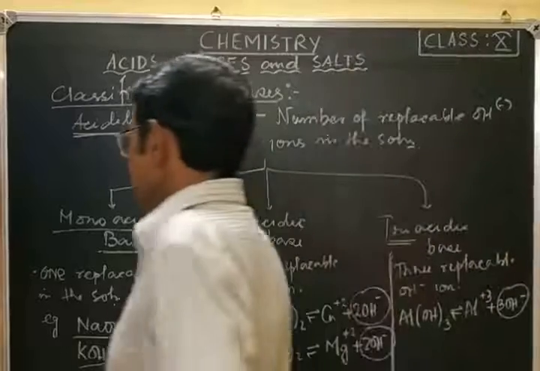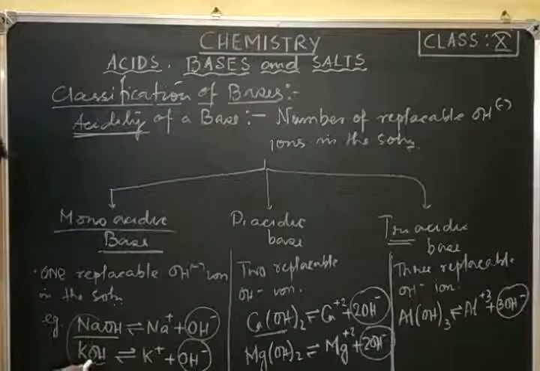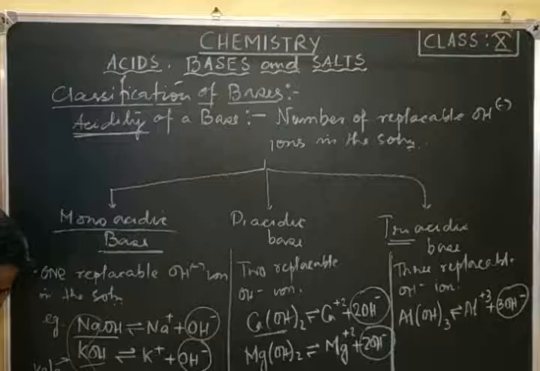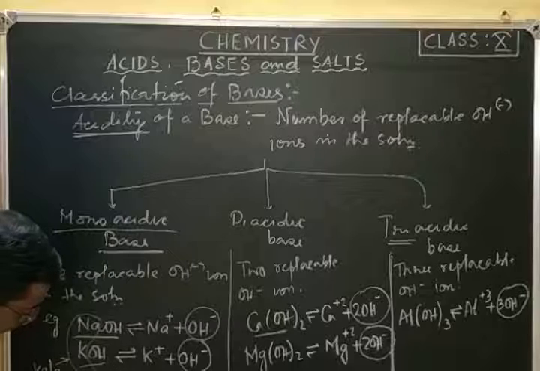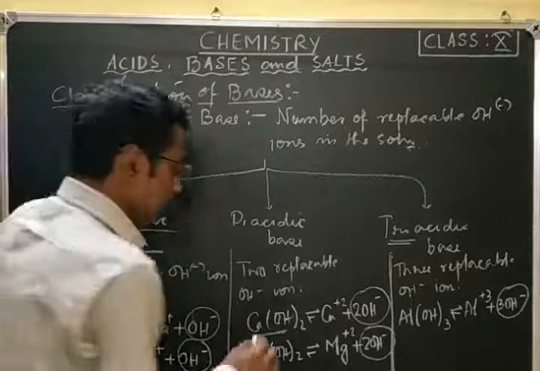Remember, for monoacidic bases, the metals have a valency of 1. Here the valency of the metal is 1. That's why they are monoacidic.